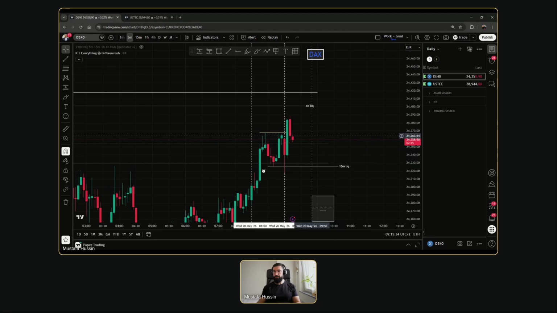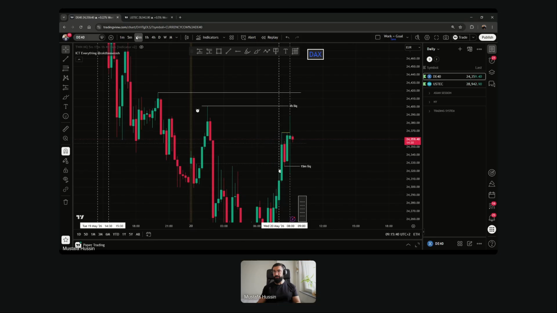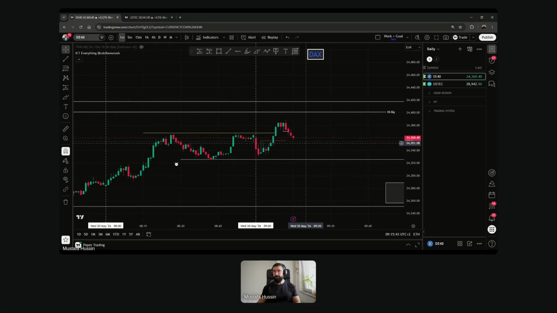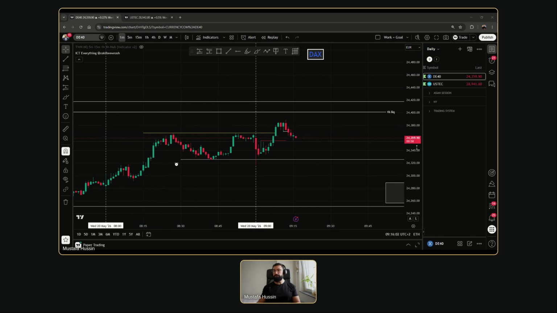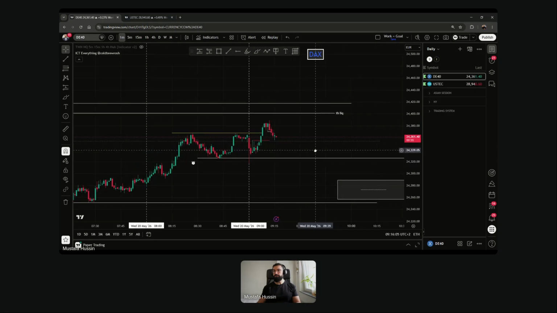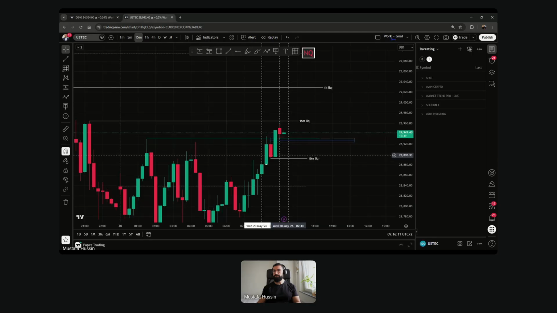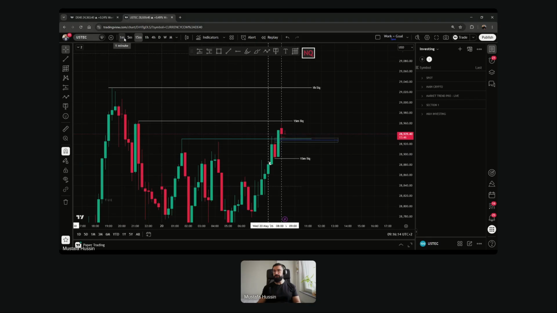And we have a fair value gap on the 5 minute right there that it can reverse from. The Nasdaq is still not convinced of the breakout.